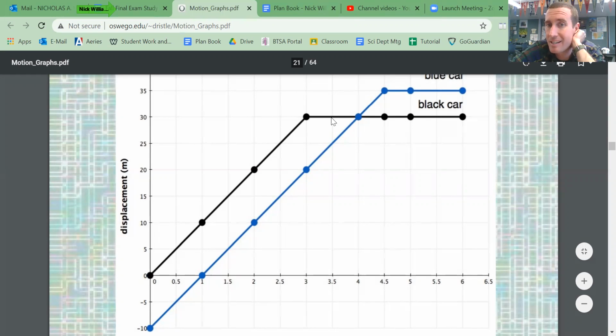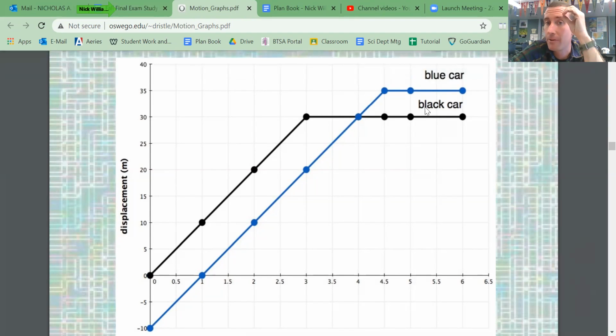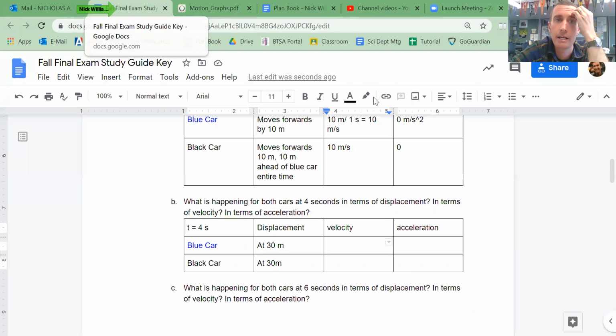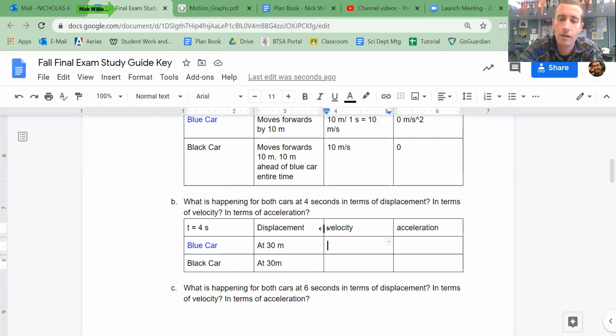Since it doesn't go anywhere, its velocity is 0. It has no change. The blue car is still on the same slope, so it's still going 10 meters per second. The black car is now going 0 meters per second.